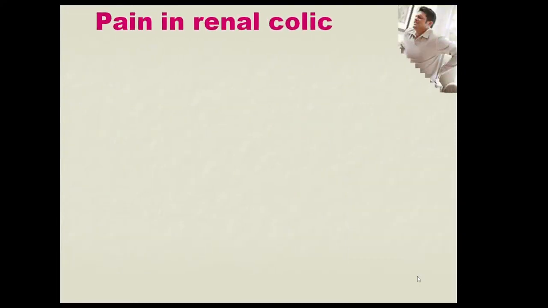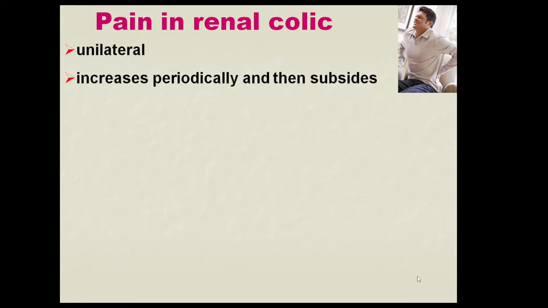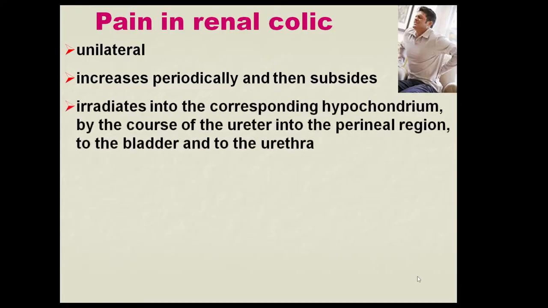Pain in renal colic is more often unilateral. It appears as attacks, increases periodically, and then subsides for some time. It irradiates downward along the course of the ureter into the perineal region, to the urinary bladder and urethra.